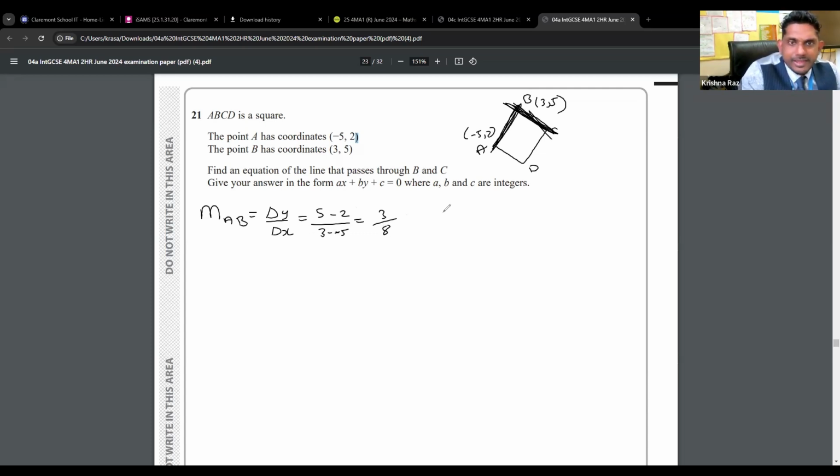So if M1 equals 3/8, then we know M2 equals -8/3. Well, that must be the gradient of BC. So therefore, the gradient of BC is -8/3.